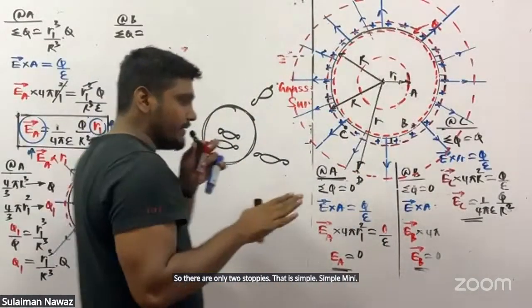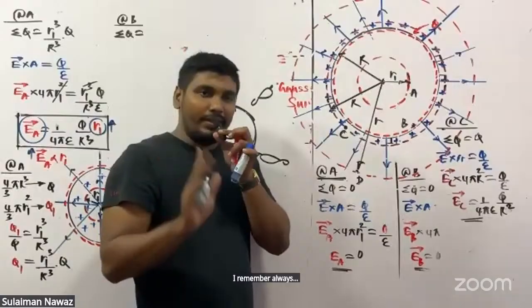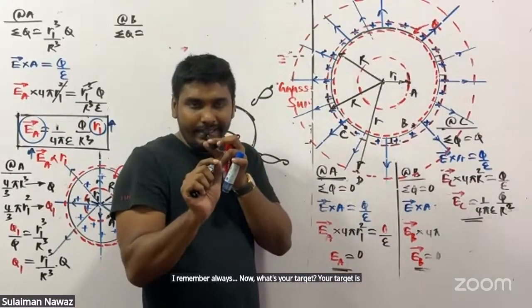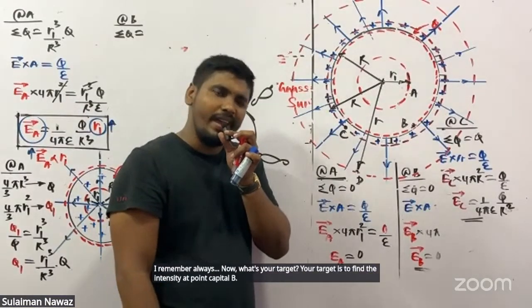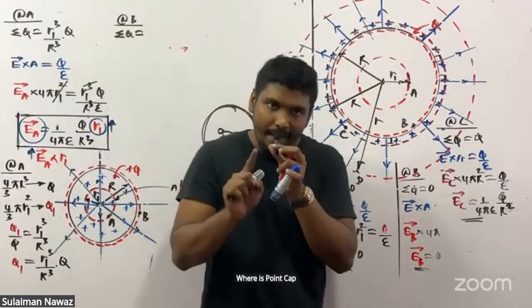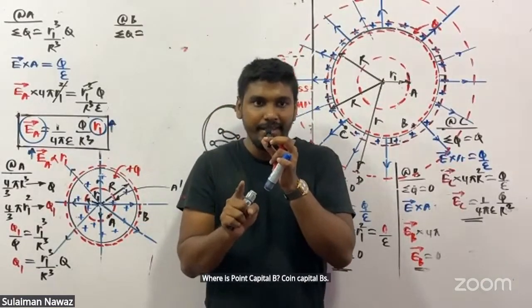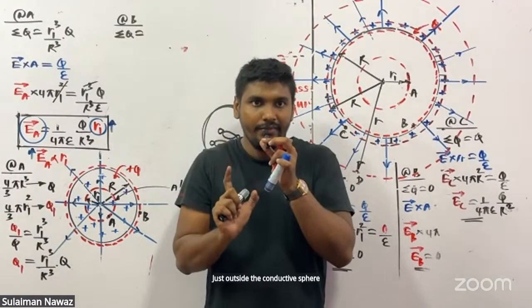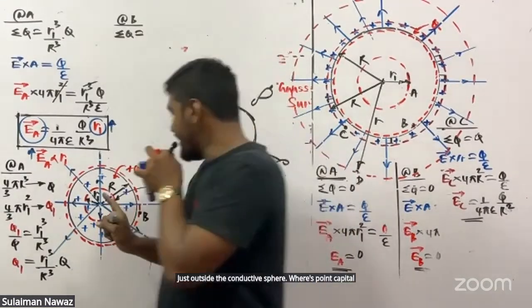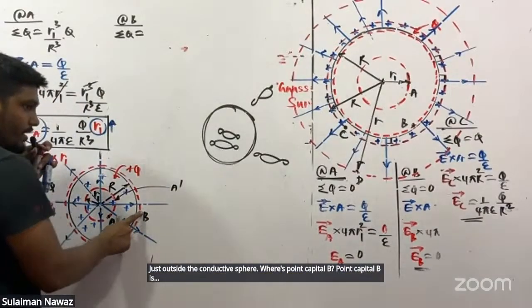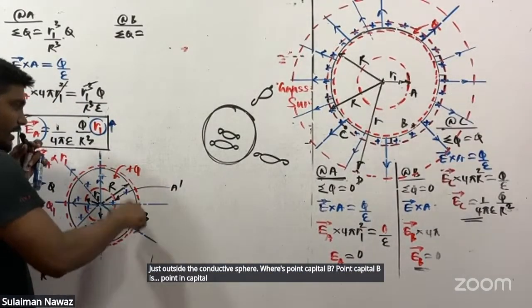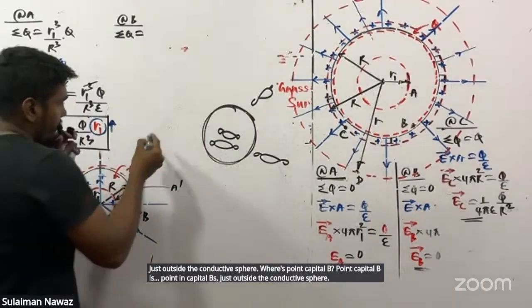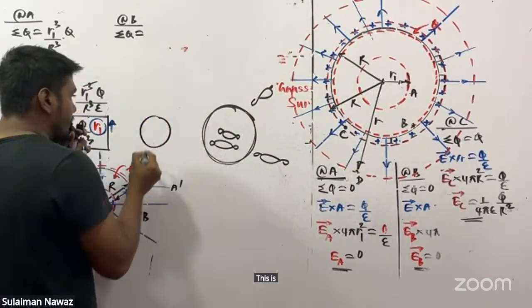Remember always, what's your target? Your target is to find the intensity at point capital B. Where is point capital B? Point capital B is just outside the conductive sphere. This is your conductive sphere.